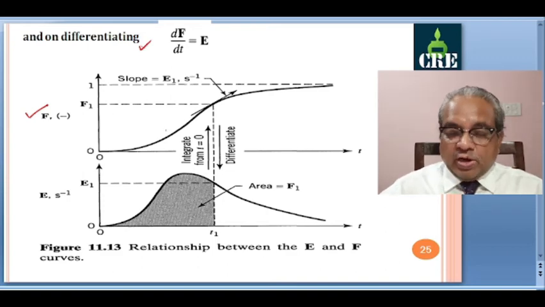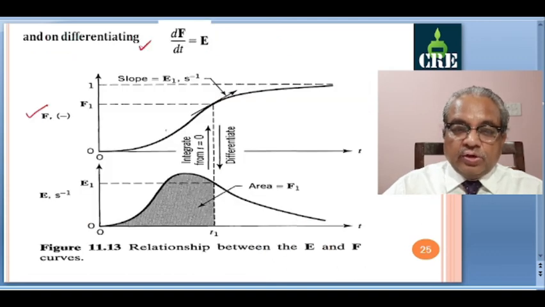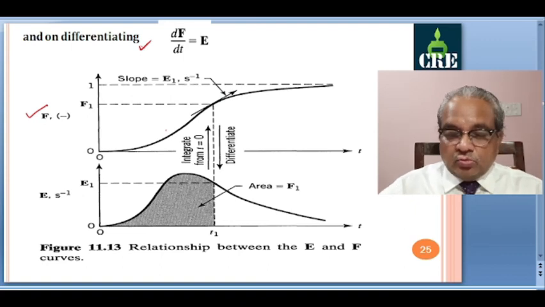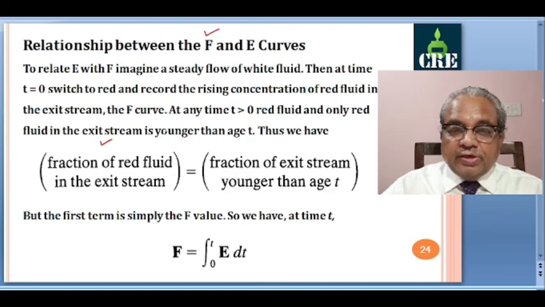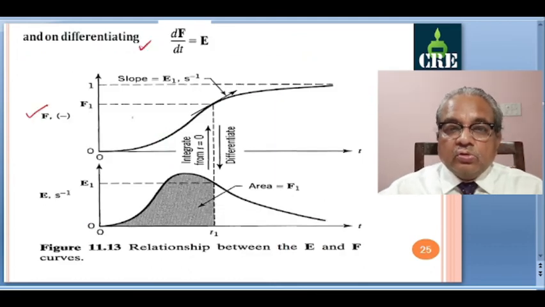So by integrating E dt you get F, and by differentiating F you get E. So integrate E dt to get F. Integrating from t equal to 0 to this time, you get F values, and the slope dy by dx at this point means you are differentiating, so you will get this value.